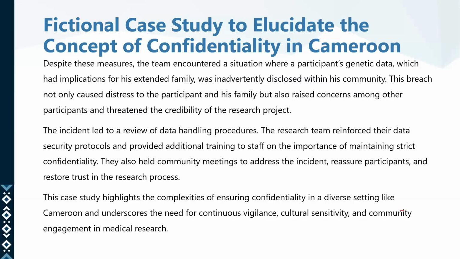And even when you come to Africa, we can have several examples. We can think of HIV/AIDS research around the 1980s to 2000, where weak data protection was applied, and this was exposing participants to stigma and discrimination.